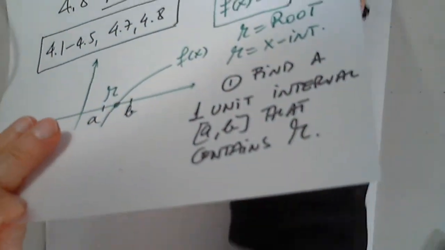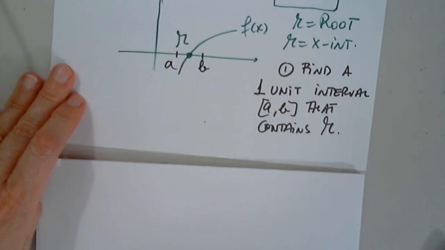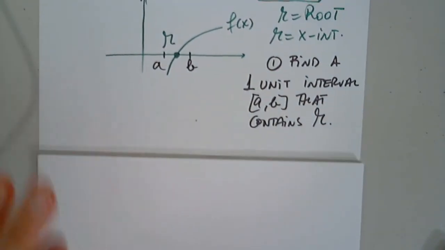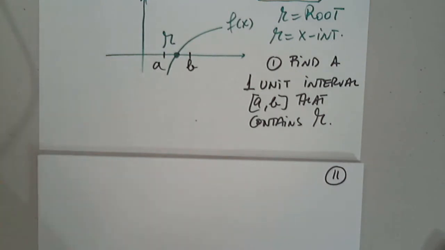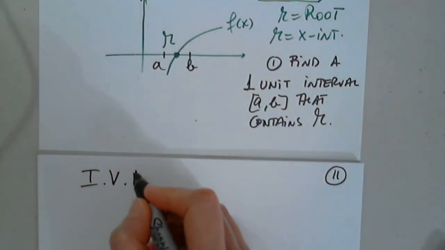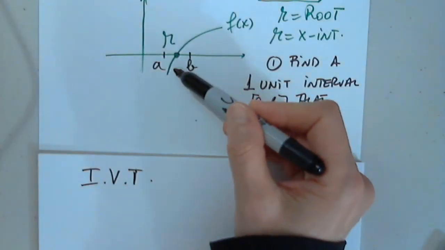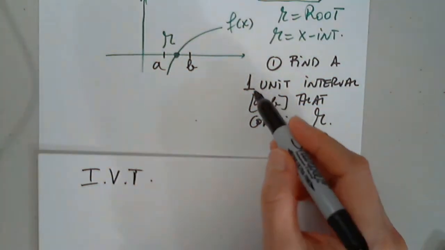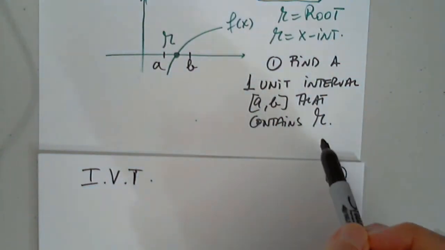What is it called? Was it Rolle's? No. Was it the intermediate value theorem? Intermediate value theorem for continuous functions that change sign. Excellent. So using the intermediate value theorem in step 1, we find a unit interval.